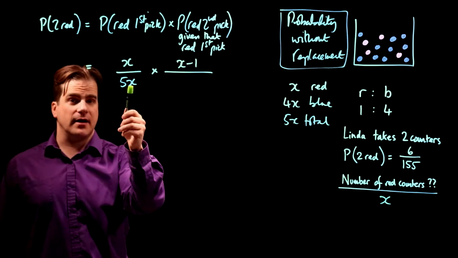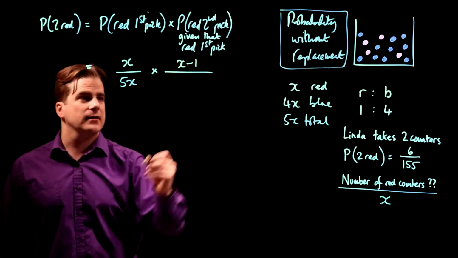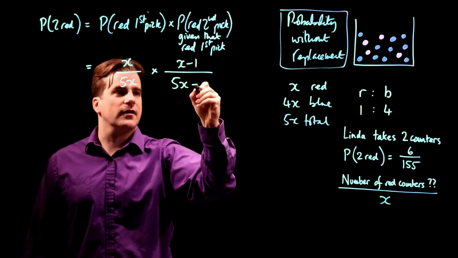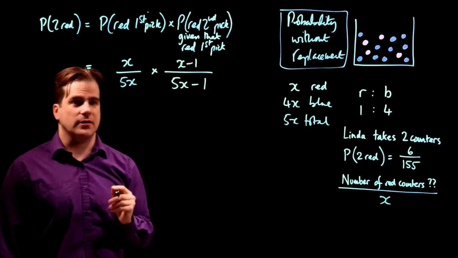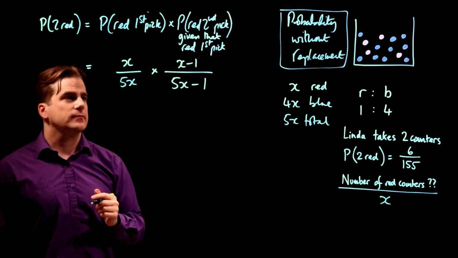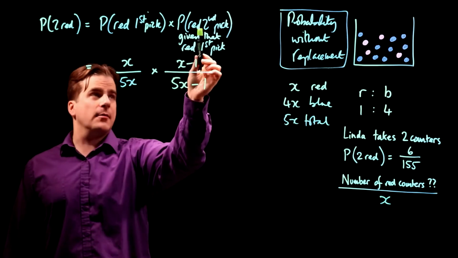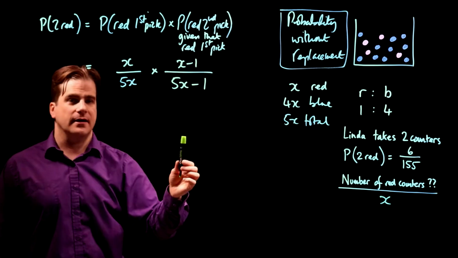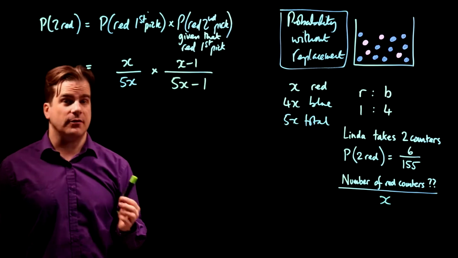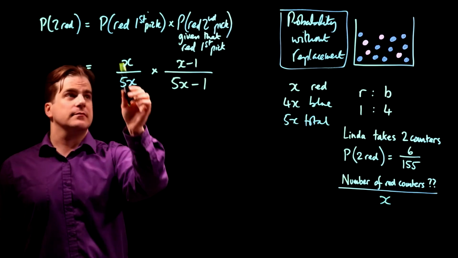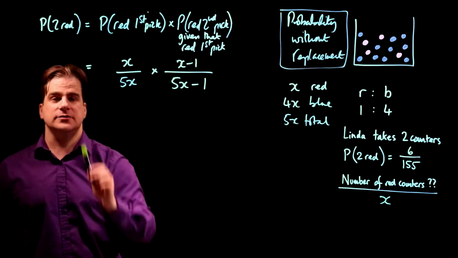We've already taken a red with the first pick and not put it back, so there's 1 fewer. It's 5x minus 1 counters in the box now. So that, x minus 1 over 5x minus 1, is the probability of choosing a red with the second pick, given that we've already chosen a red with the first pick. That's it. That's the probability of choosing 2 reds.